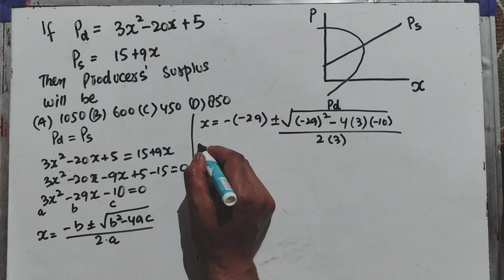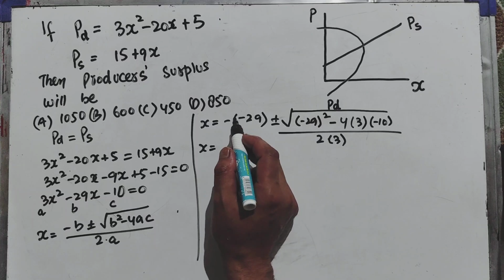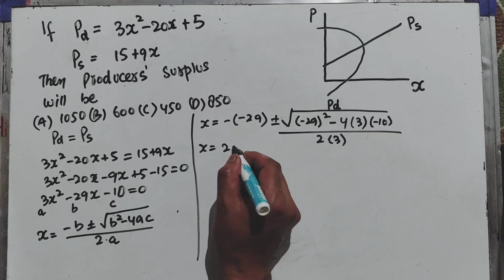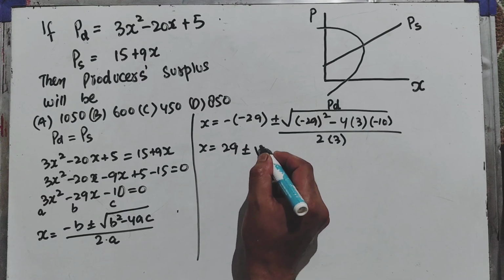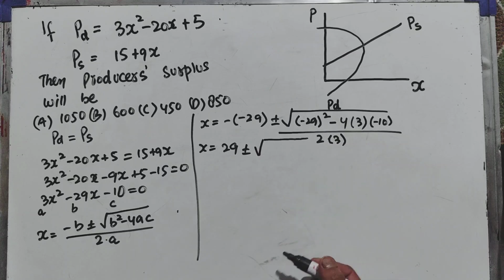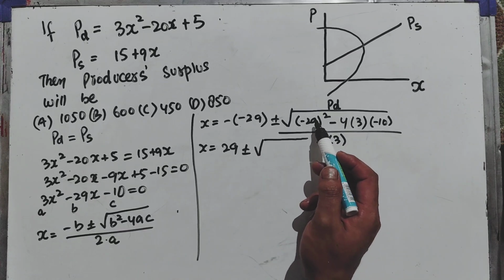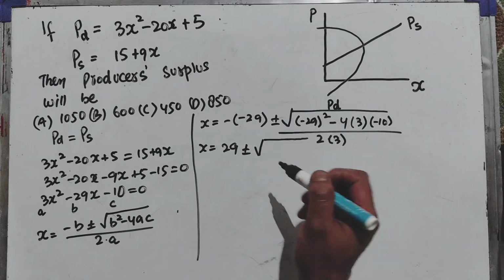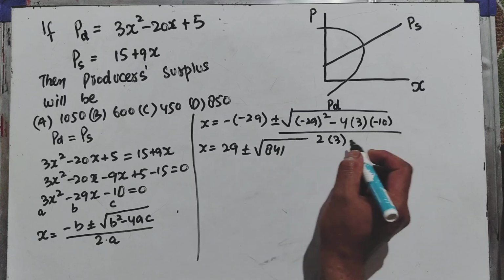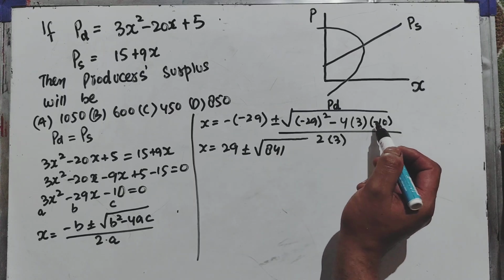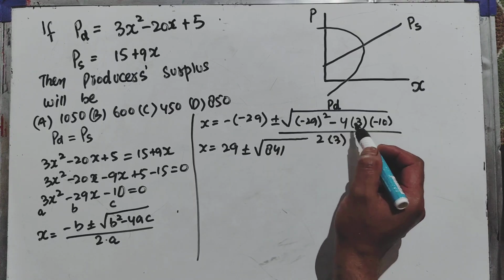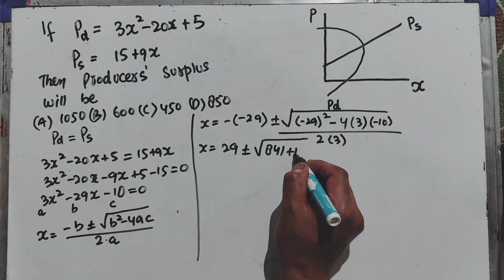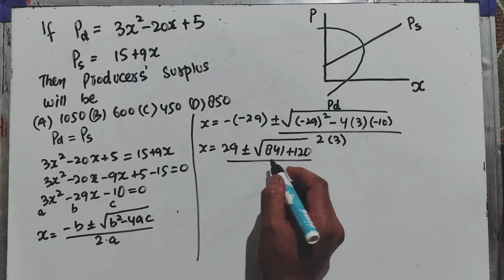So negative times negative is positive, we get 29 plus minus the square root of, the square of a negative number is always positive, so the square of 29, I calculated, came out to be 841, and here negative times negative is positive, so 4 3s are 12, 12 10s are 120, upon 6.